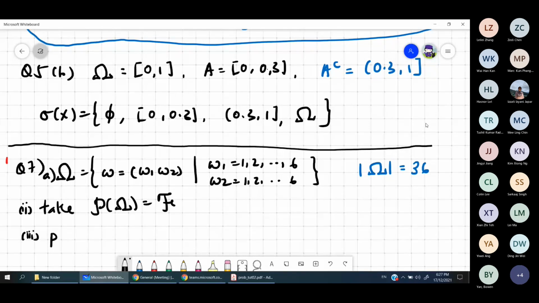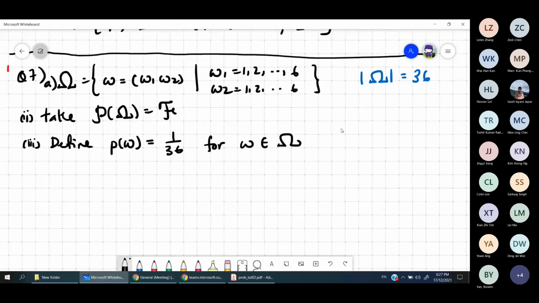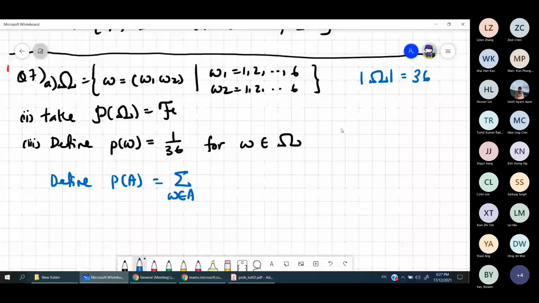So what we can do is define P of omega equals, since the cardinality is 36, 1 over 36, for all omega belonging to this. Then we can construct the probability like this, following our standard scheme. P of A will be, we sum over all the elements inside A, P of omega.